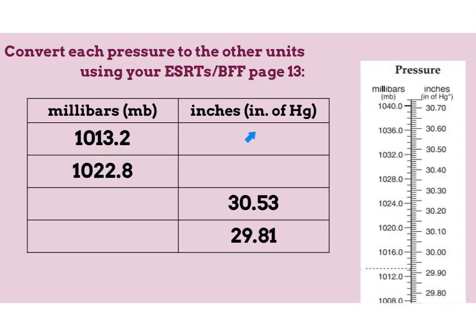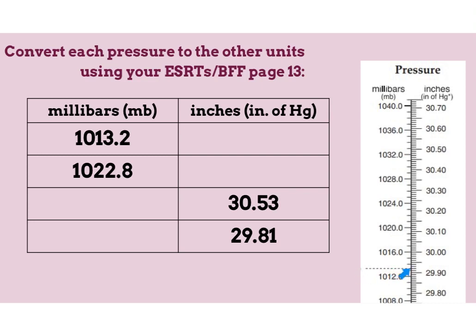1013.2 millibars into inches. So first we have to find 1013.2. And there's 1012, there's 1016, so 1013, each of these are going up by 1, so this is 12, 13, 14, 15, 16. So that means that 1013 is right here, and 1013.2 is right where that dotted line is.